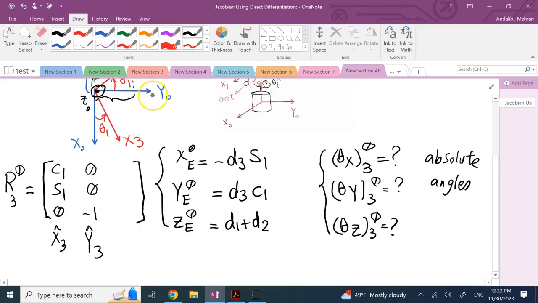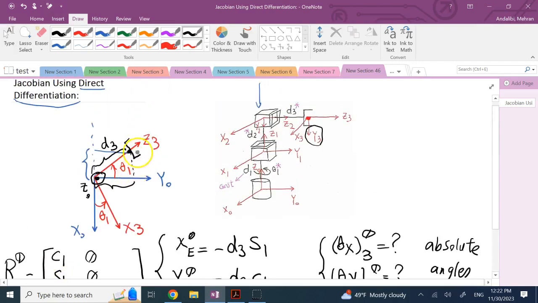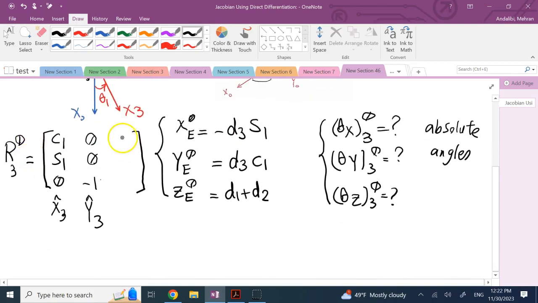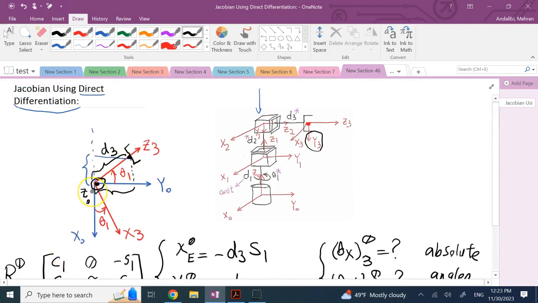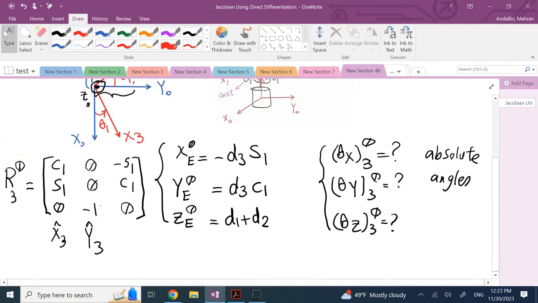And finally z3, as you remember, it was a negative sine along x, a positive cosine along y, and 0 along z, because again z is out of the board, z naught. So this is my what? Rotation matrix of frame 3 in 0.